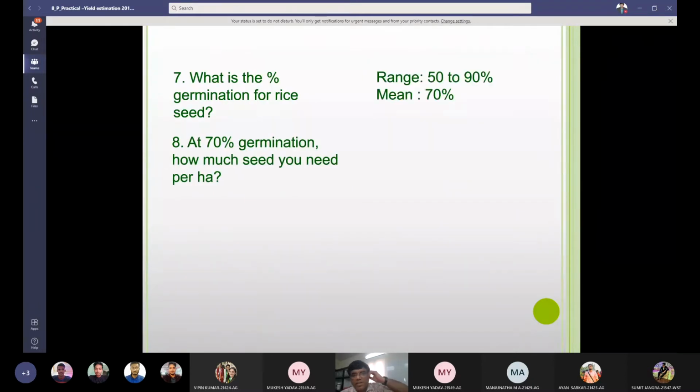And what is the germination for rice seed? Normally it is 50 to 90%, and take the mean value as 70% germination. If my seed germination is 70%, how much extra seed do I need? If germination is 70%, how much seed do you need per hectare?